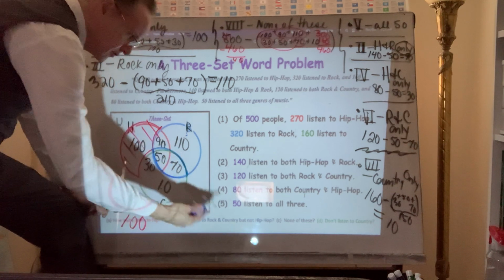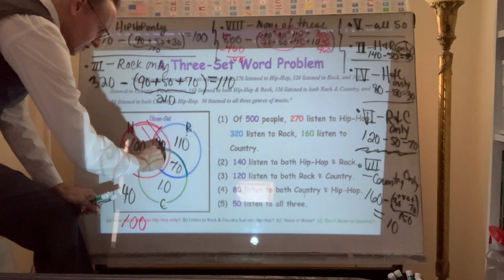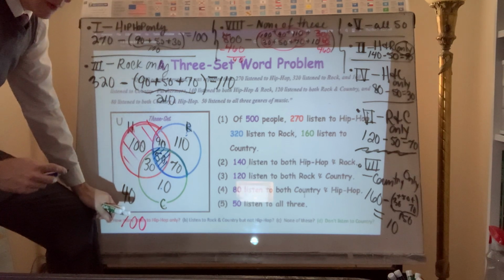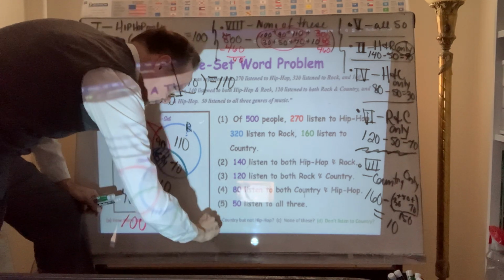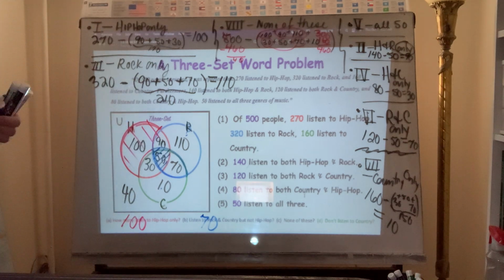And then to specify not hip hop would mean that you'd have to erase out the 50 instead. So what would that leave you with? 70. It's an awkward way of referring to something, but that would be correct.